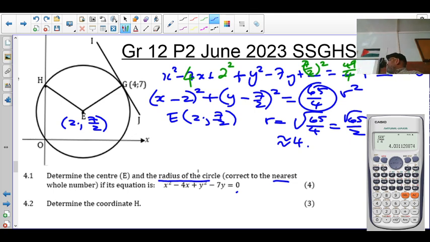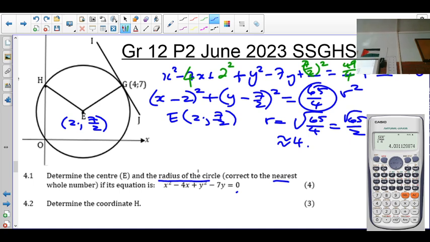So you wrote 4. Did you write 2 and 4? Okay, you should have gotten the mark here because it's not clear. I have to state clearly that I'm referring to the radius in particular. Okay. Sorry about that.